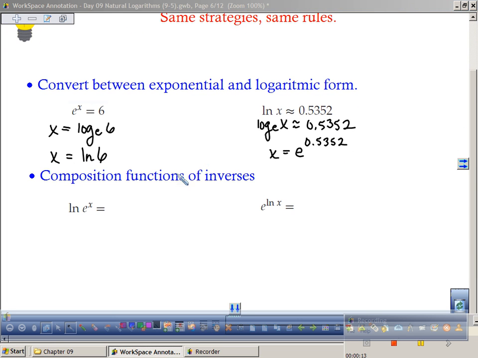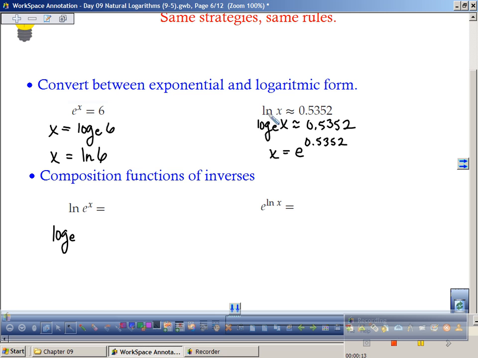Composition functions of inverses. Can anybody tell me what this would equal? What if I changed it to this? Log base what? e to the... what do we do here?